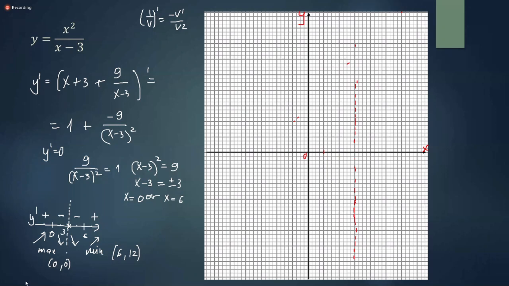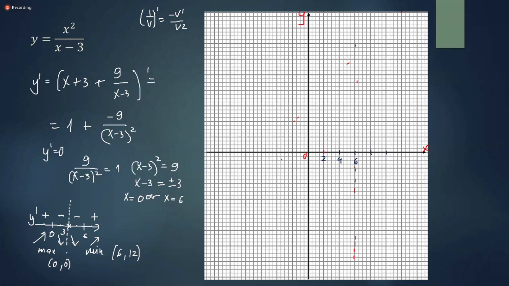So let's take a different scale. Let's take a scale something like this: this will be 2, this will be 4, this will be 6, and so on.